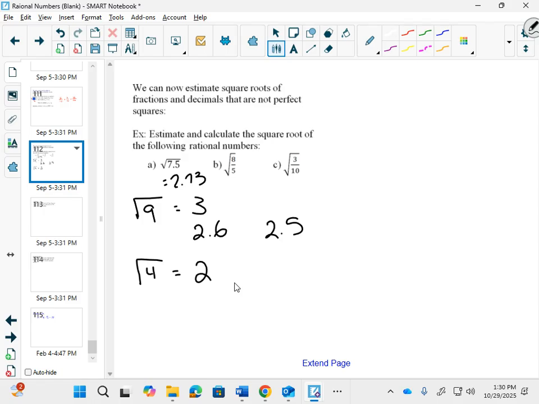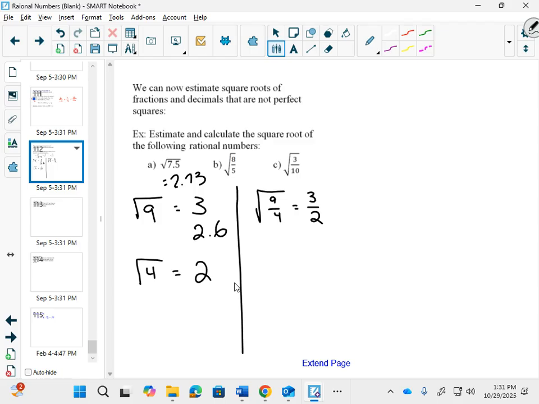When you have fractions, I'm going to erase this just so we have space here. What do you think this is close to? Is that an 8 and a 5? 8 and a 5. Like, if I did a 9 and a 4, that would give me 3/2. Is that a 9?